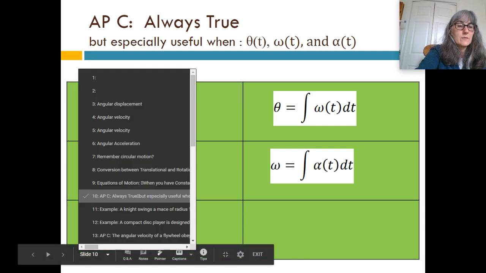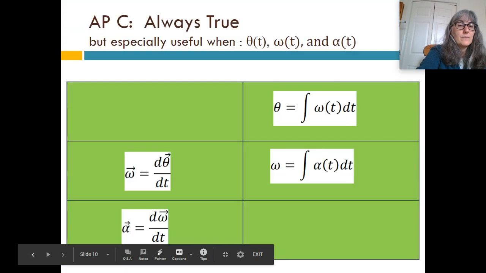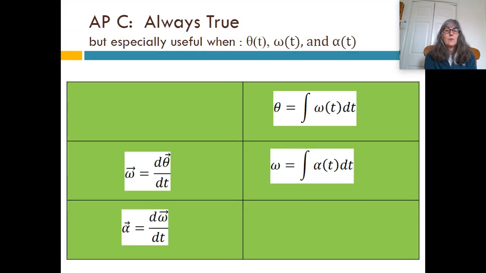And then if you take the slope or derivative of the angular displacement, that gives you the angular velocity. If you take the integral of the angular acceleration dt, that gives you the angular velocity, and if you take the integral of omega dt, that gives you the angle.